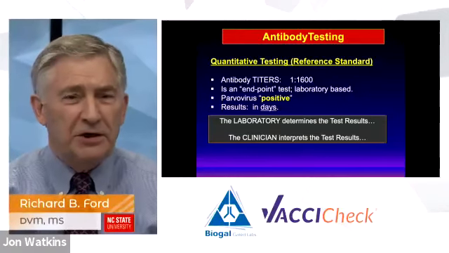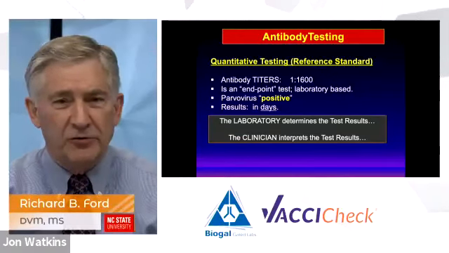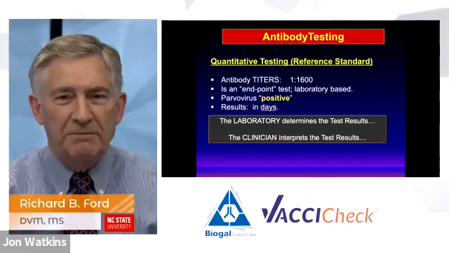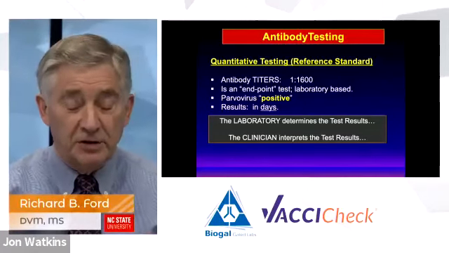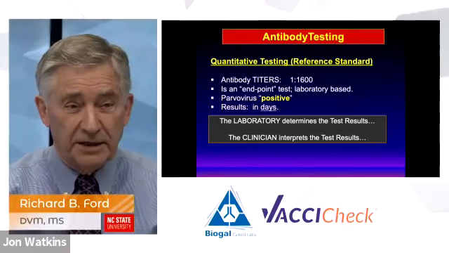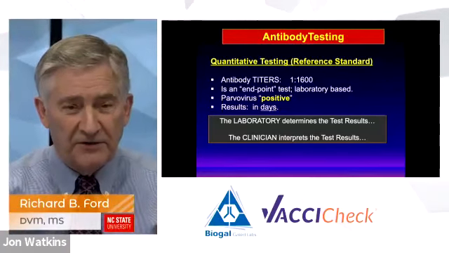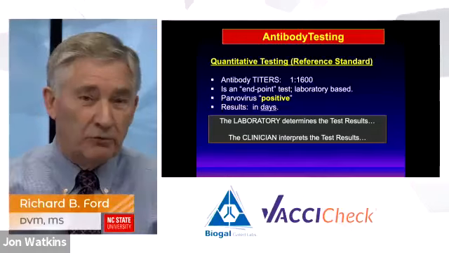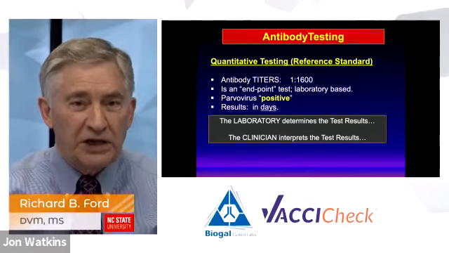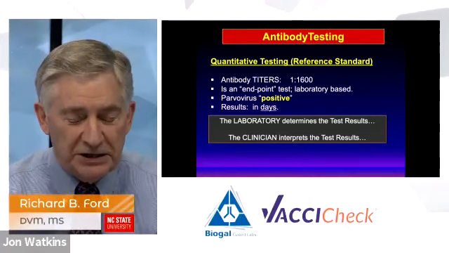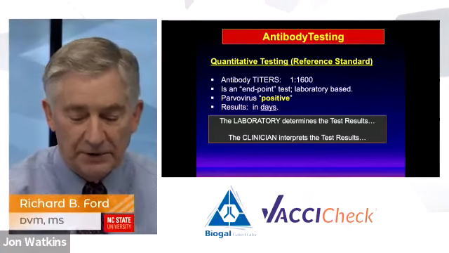The laboratory doesn't interpret that for you. The positive does not mean the dog has parvovirus. That only means the dog has a level of antibody that exceeds a defined threshold or reference level for that laboratory. Don't read that as an interpretation. That is your job.